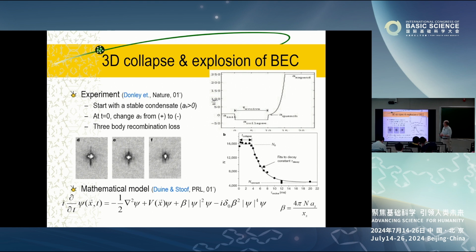Then, like here, this is my time t and this is my a_s. Initially a_s equals a initial, positive. Then at t equals 0, they suddenly change a_s from initial positive to negative, causing collapse. Then it goes down. They observe from experiments that the number of particles is conserved up to the collapse time, then the system decreases.